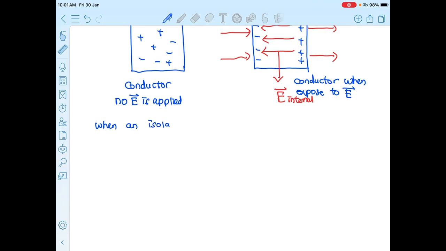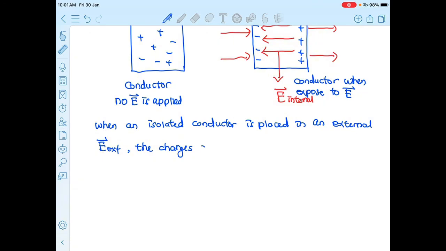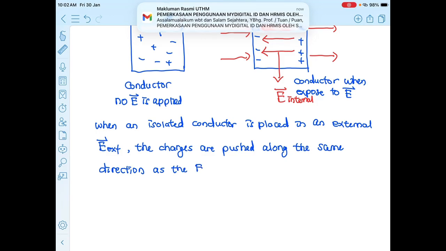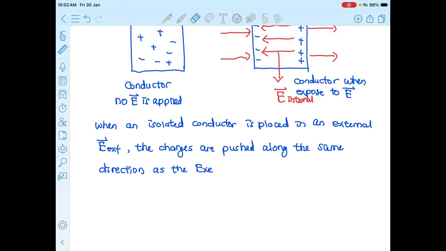When an isolated conductor is placed in an external electric field, the charges are pushed along the same direction as the external electric field.